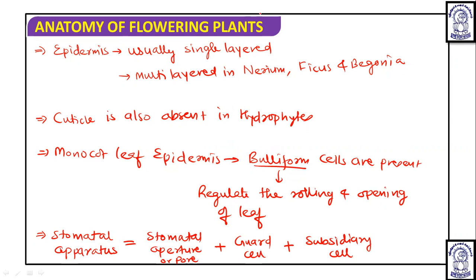Now after this, having studied many important points on the structure of stomata in monocot and dicot, and the important points with respect to the epidermis, we have to talk about the epidermal appendages.